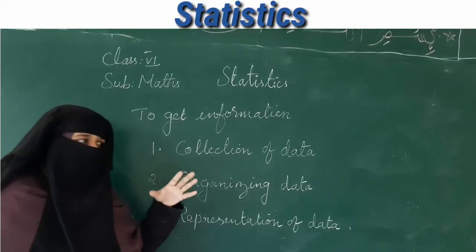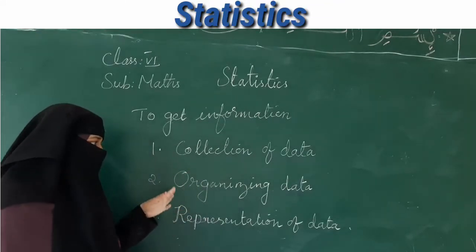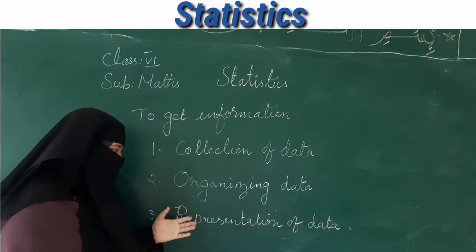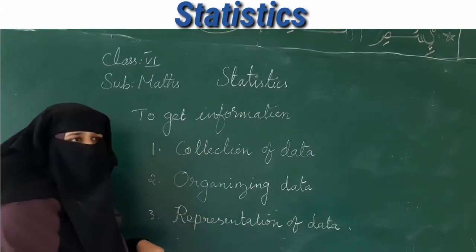These are the 3 things we have to do to get information. We collect data, then organize the data, then represent the data.